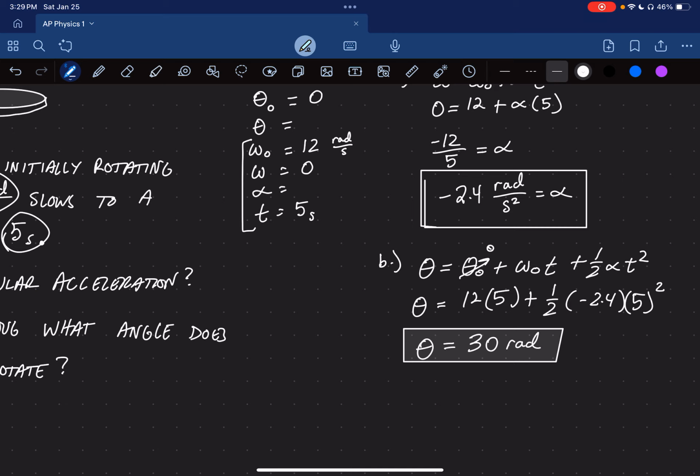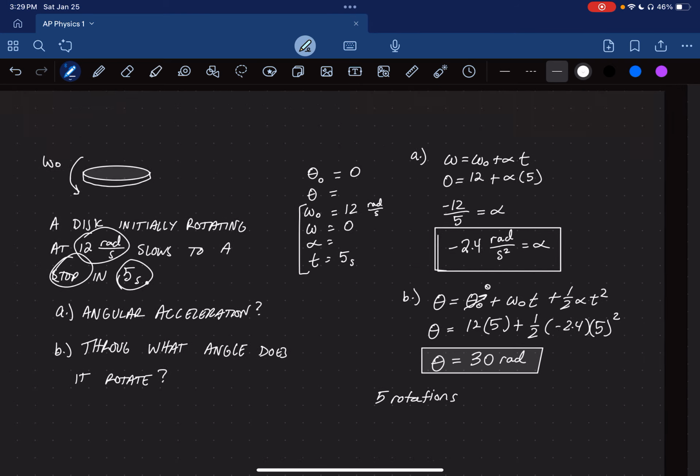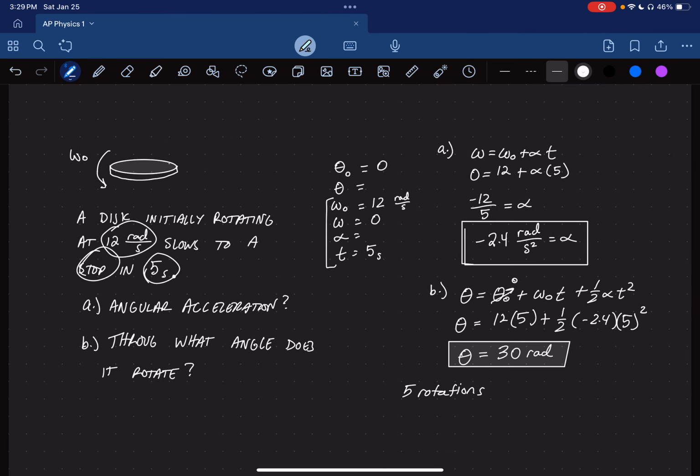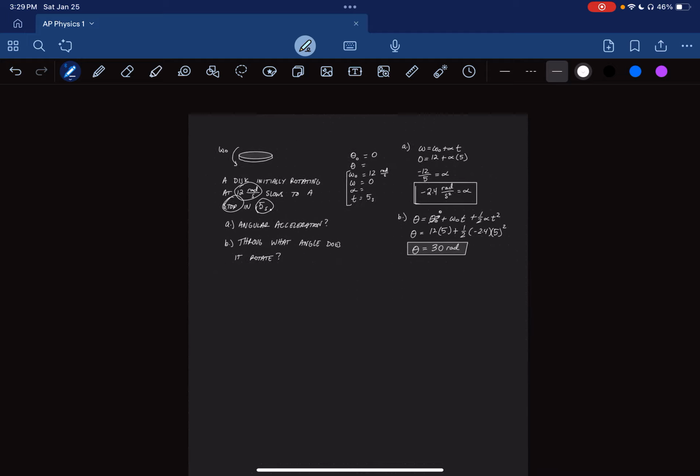And so it comes out to like 4.77, really close to almost 5 rotations, to give you an idea. Okay. So as this thing is slowing down its spin, it comes really close to having gone around 1, 2, 3, 4, almost 5 when it stops.